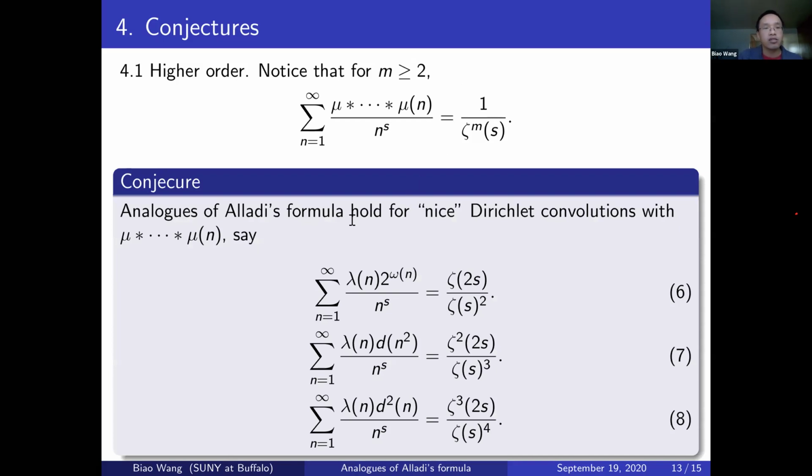My conjecture is Alladi's formula should also hold for those functions. For example, it should also hold for the following three functions. Here, lambda is the Liouville function, and d of n is the divisor function.